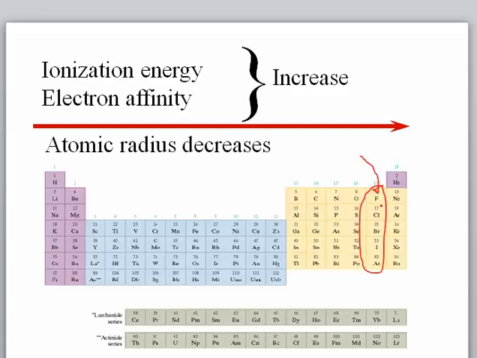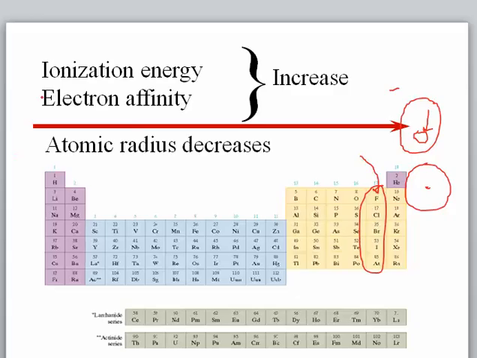And if you were looking at the size, fluorine being smaller has a greater electron affinity because the nucleus can hold on to that electron versus a larger halogen where the nucleus is further away. So you would probably have a more negative electron affinity, meaning more exothermic, releasing more energy with a smaller halogen.